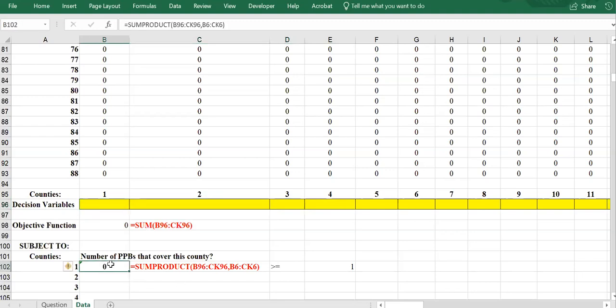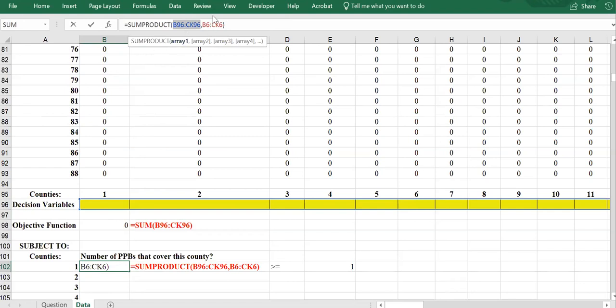So we need to do exactly the same thing for 88 counties. I'm going to copy my formula, but before that I need to fix something. I need to first fix the decision variables, because county two is going to be the decision variables multiplied by the second row.